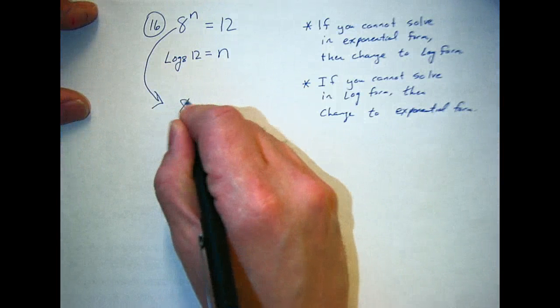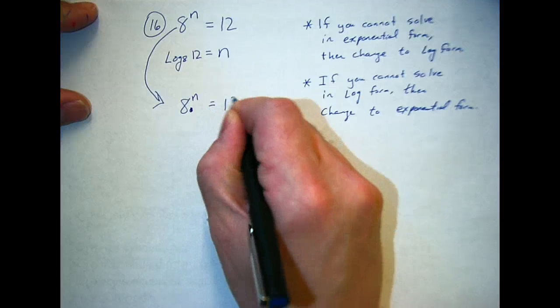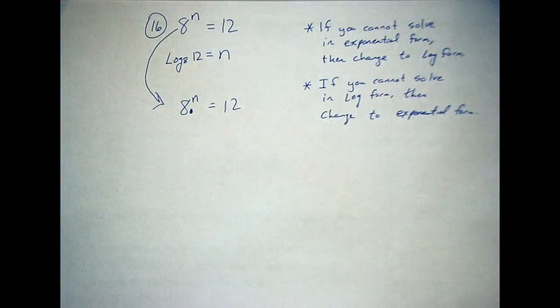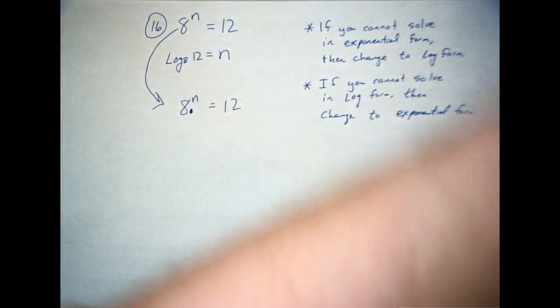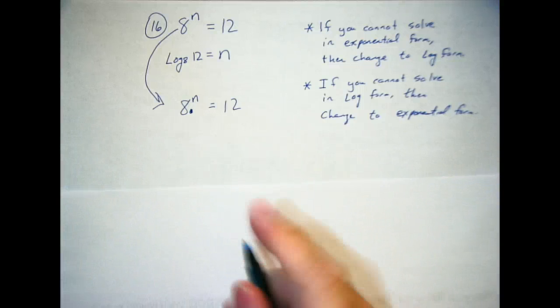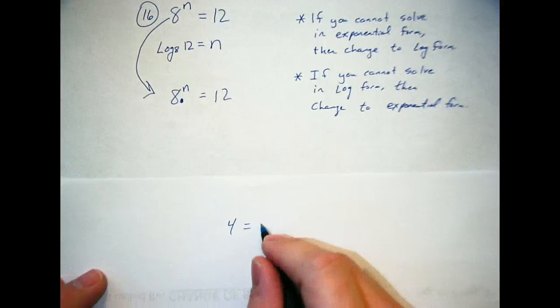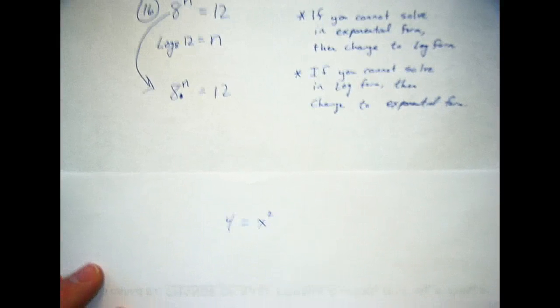We're going to take our 8 to the power of n equals 12. And let's say you have just a quick previous problem. Let's say you had 4 equals x squared. What would you do to solve that?